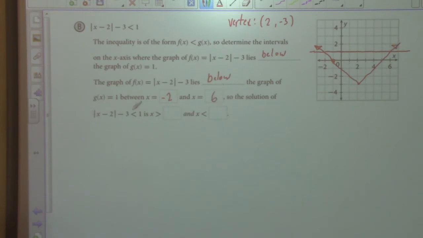And so we conclude here that x is less than, we're below, right? Less than 6, but greater than -2. So that would be the visual confirmation of that. All right, graphical.